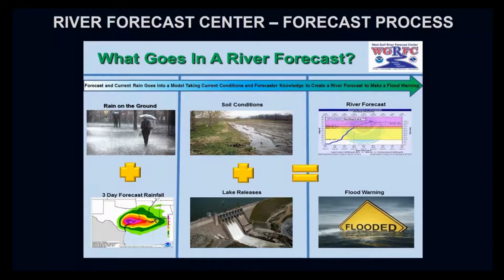Lake releases, that is an area where I think GOES has some potential to help us, in areas where we do not have gauges or do not have an understanding of what the pool height is on certain lakes, so we can have a better understanding of how full a lake or reservoir is before it begins releasing. And finally, the river forecast side, the end game for our partners and our stakeholders is to make a decision with our river forecast.